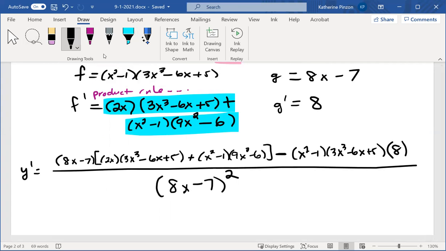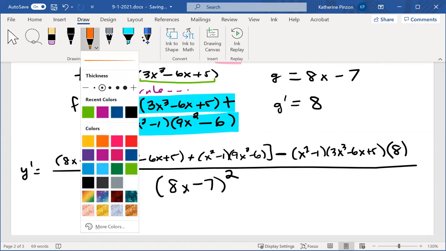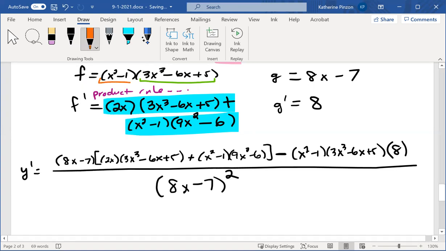So the two functions were this 3x cubed minus 6x plus 5 and x squared minus 1. So this guy was the derivative of the first and the first. And this guy was the second and the derivative of the second.